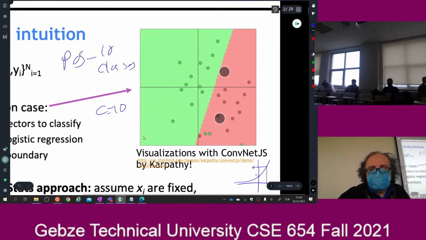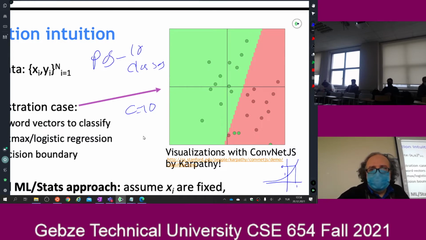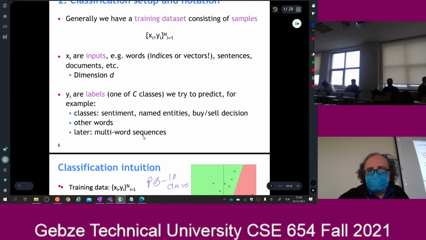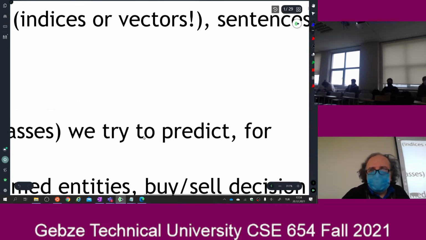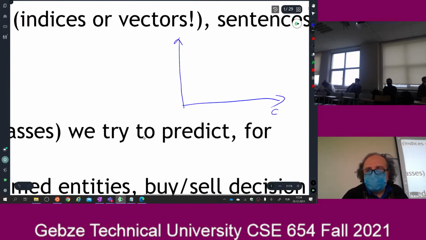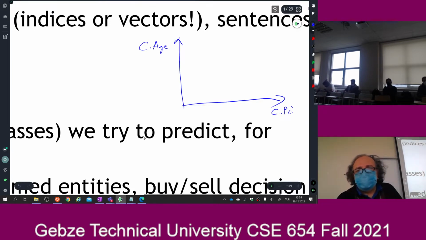I'm trying to draw a figure here. Let's say this is my car asking price, and this is how old my car is, car age, and this is the price.